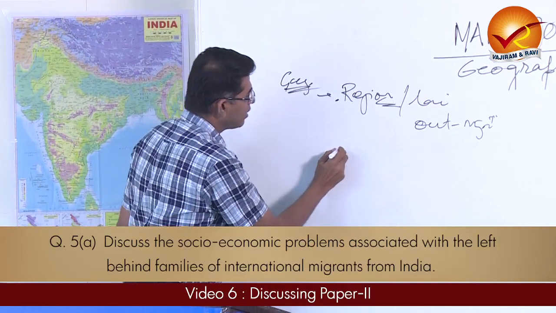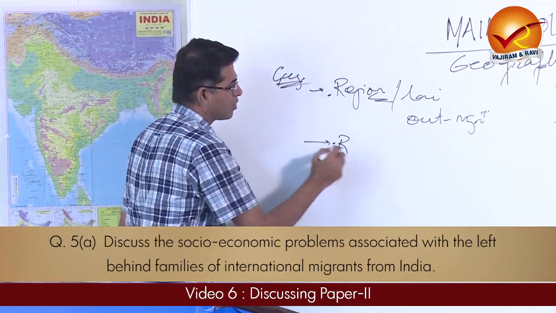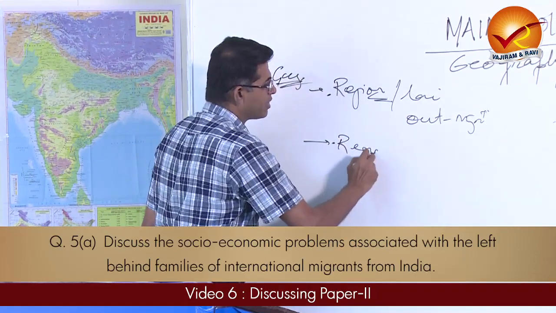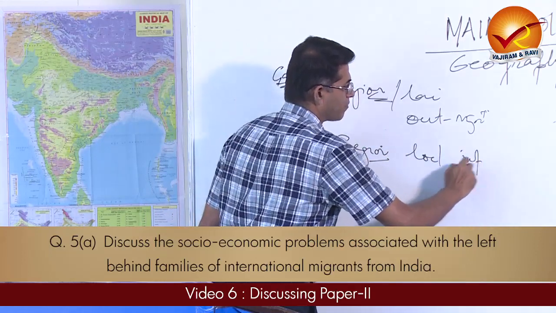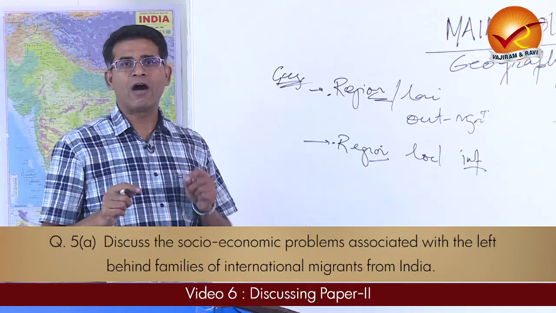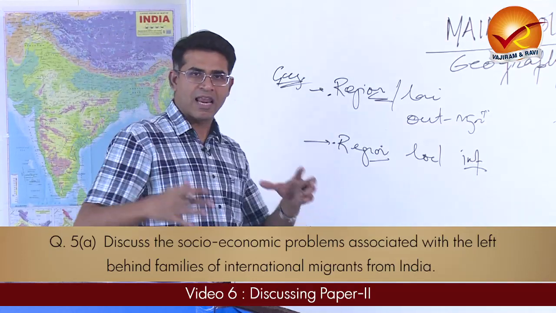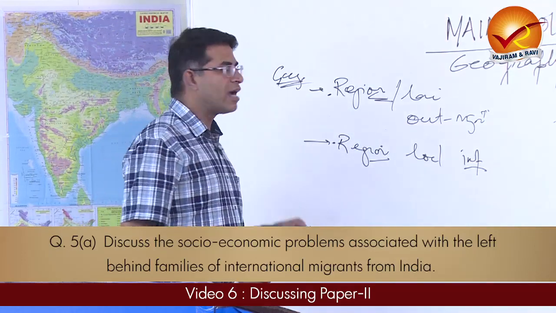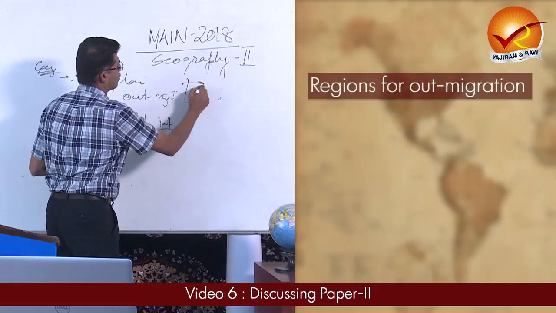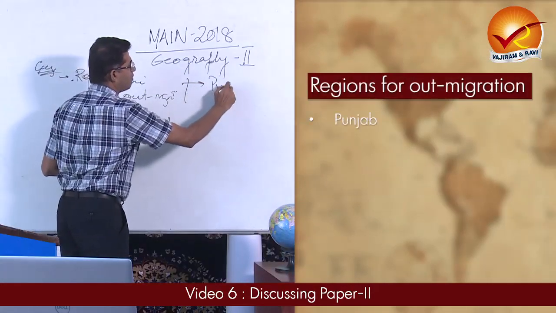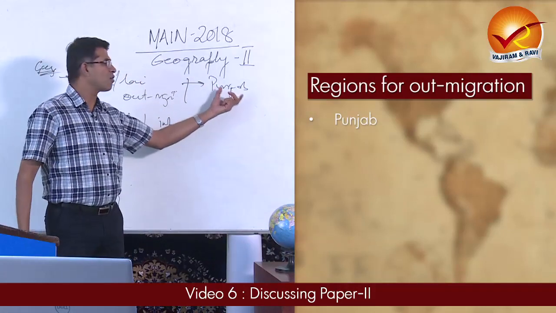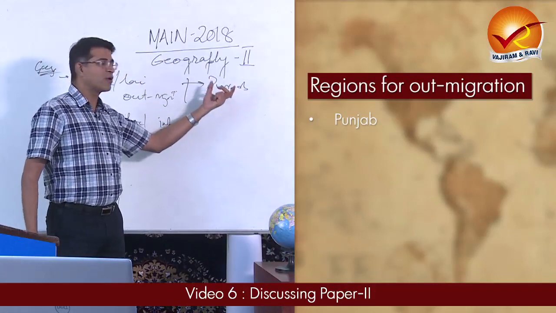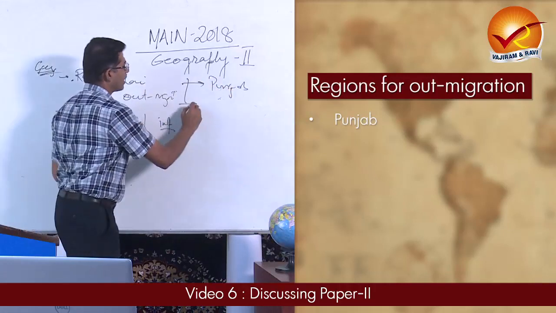And then talk about how the local people in these regions are impacted. Out-migration in India on a large scale is largely from Punjab, but this was more historical, not now. There was a time when a lot of them moved out to Europe and towards Canada, that's one.